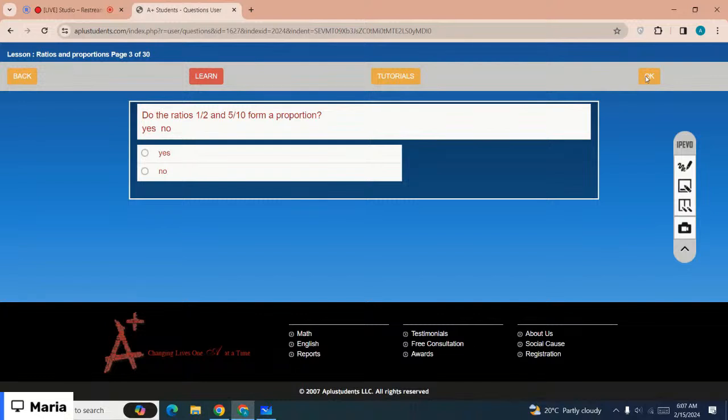The correct option is yes, they form a proportion.